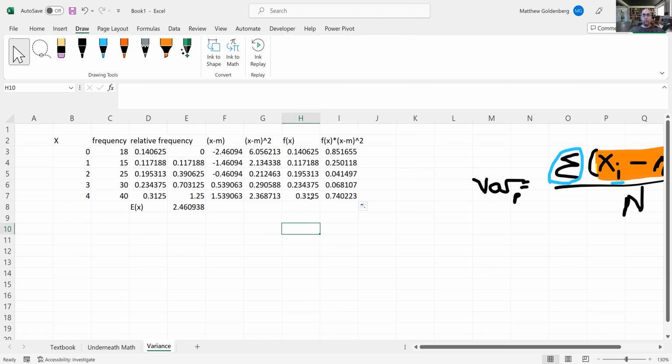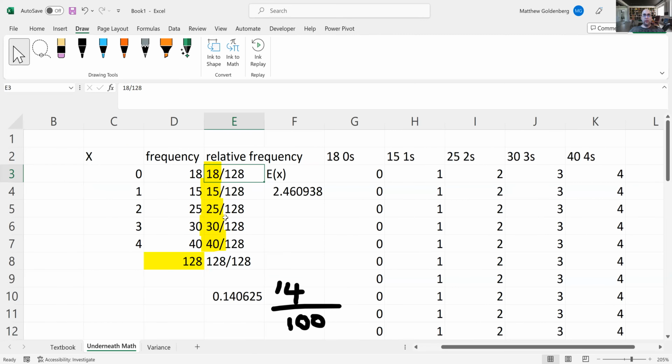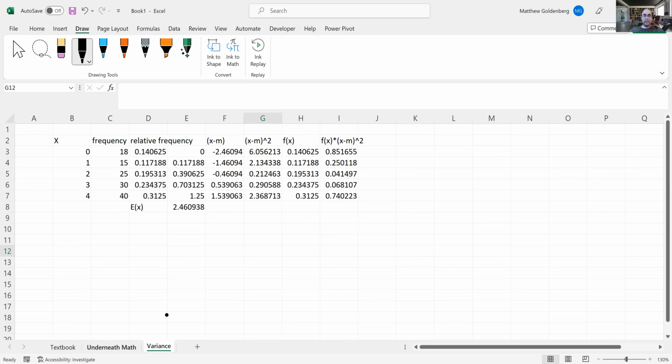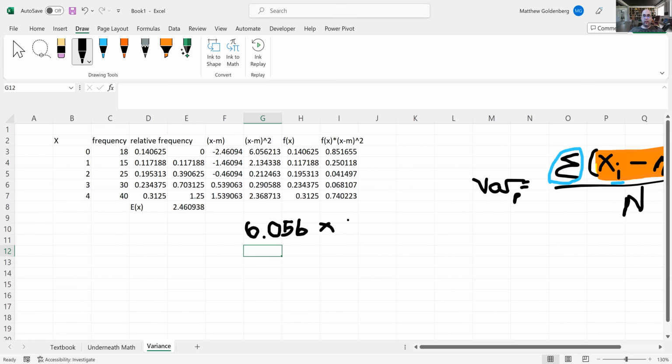Now, what I want you to remember is that this f of x right here, if you look back here, it's really 18 over 128. So when we take the deviance, and I'm just going to say 6, I'm going to round it for you to use. And we do it by multiplying it by the frequency, 18 over 128.